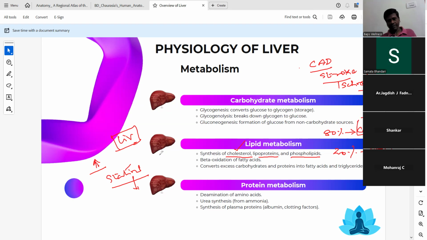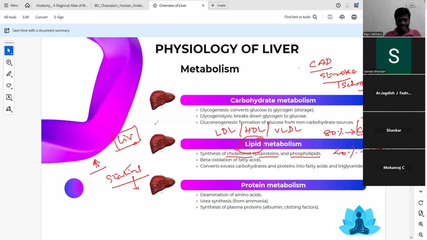So the liver governs the level of various lipids, that is LDL, HDL, very low density lipoprotein, all those things.